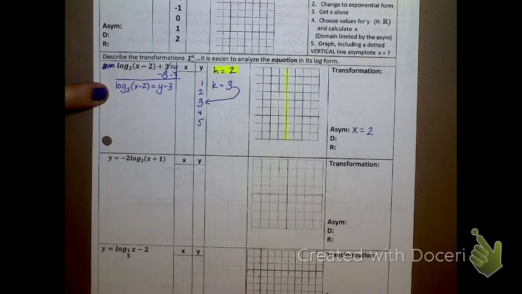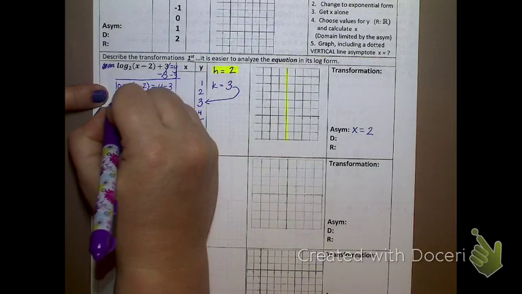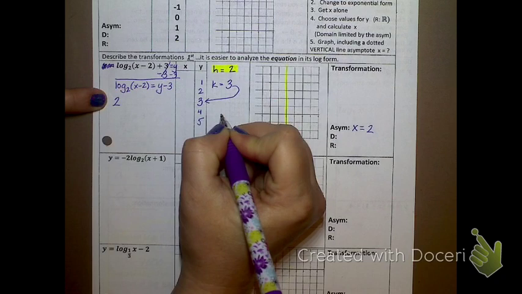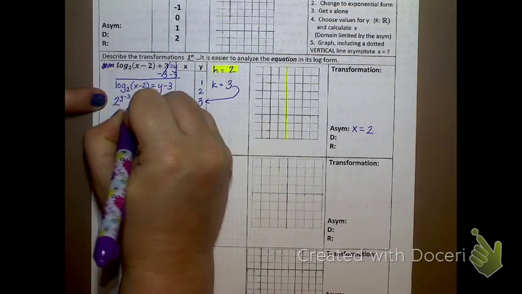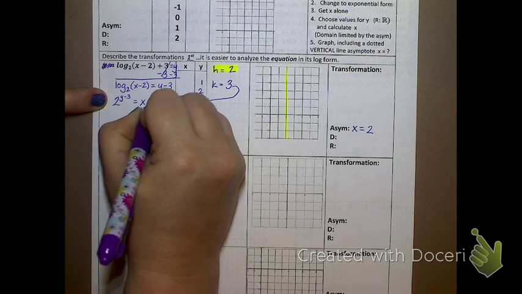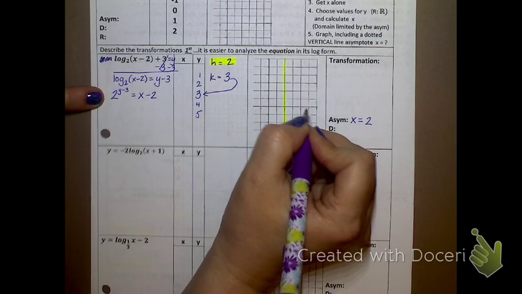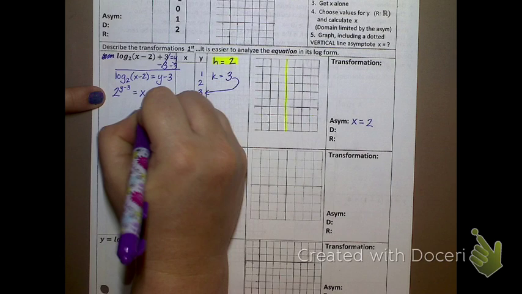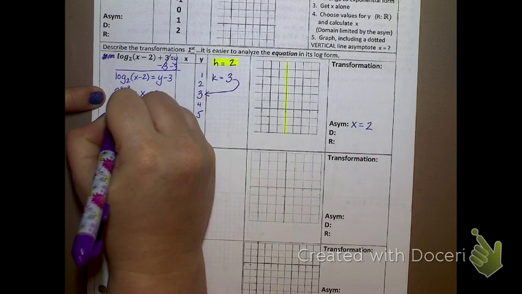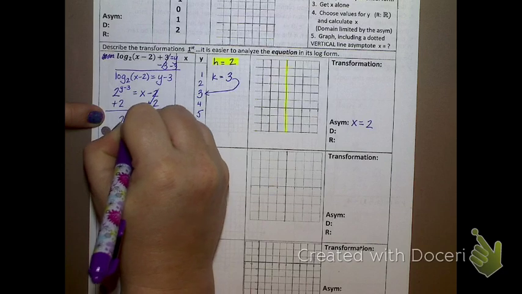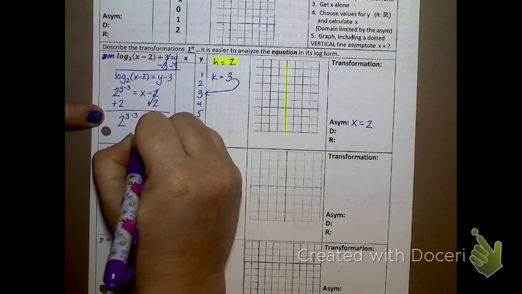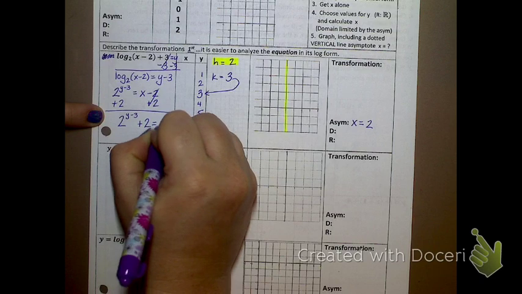What is my base? 2 to the what power? Y minus 3 equals, and then my last step to get x by itself, add 2. So what do I have? 2 to the y minus 3 plus 2 equals x.